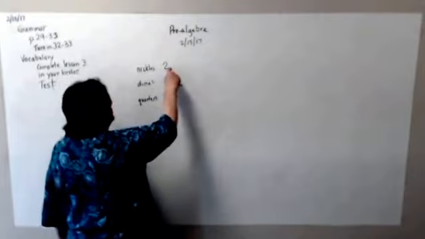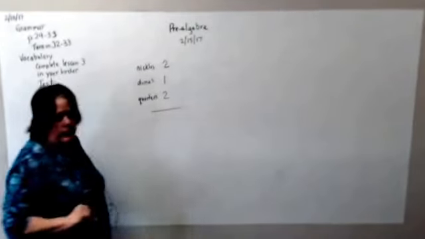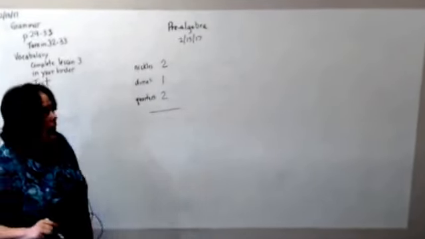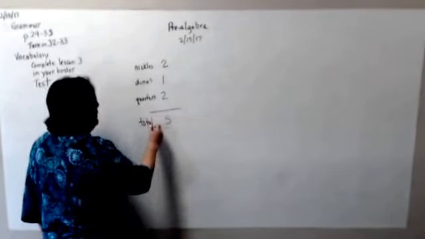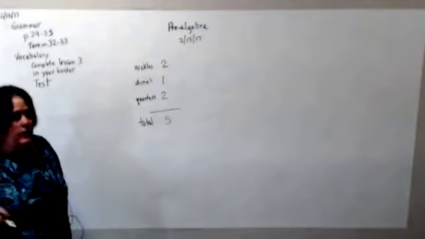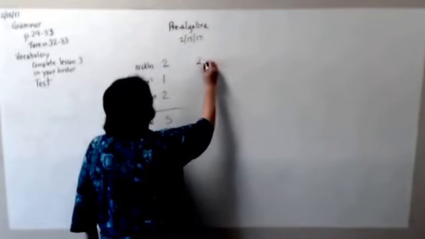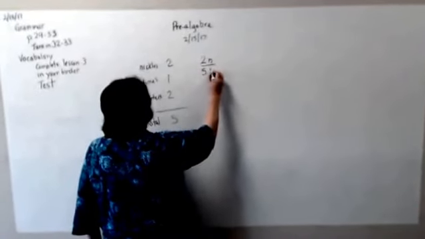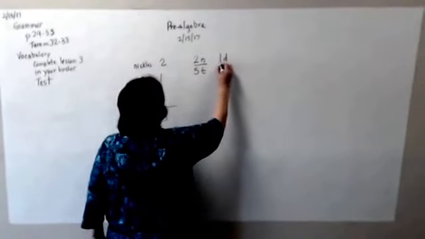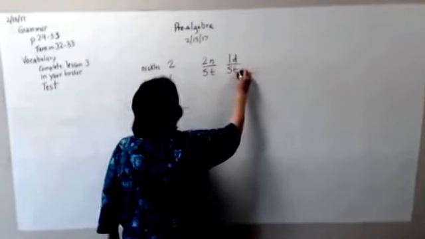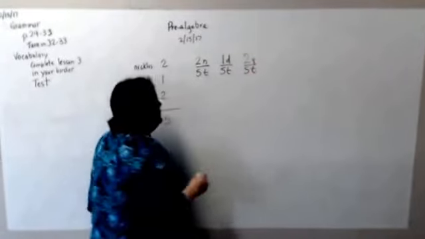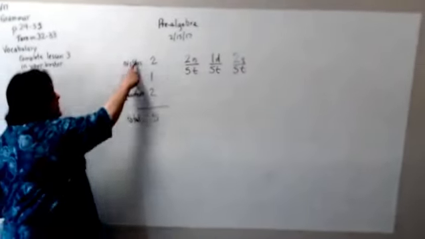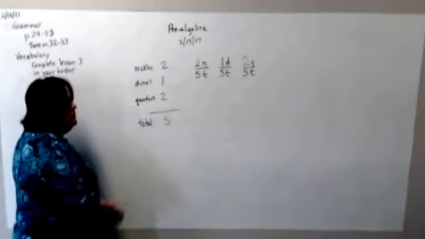First, what's our total number of coins? 2, 1, and 2. So that's a total of 5. So now we can say 2 nickels to 5 total, 1 dime to 5 total, and 2 quarters to 5 total. Each of these to the total.